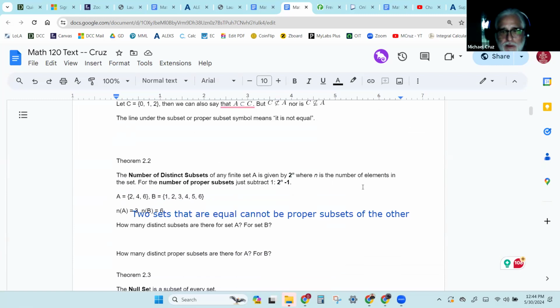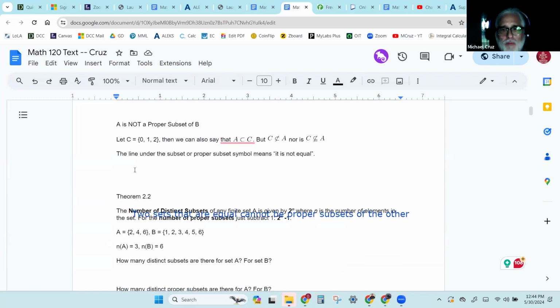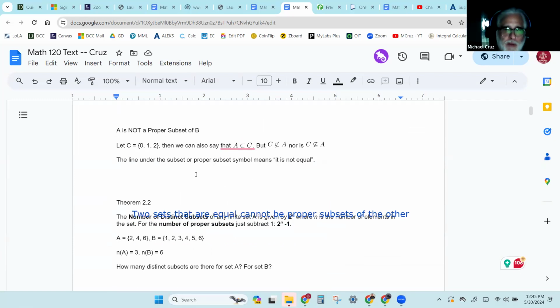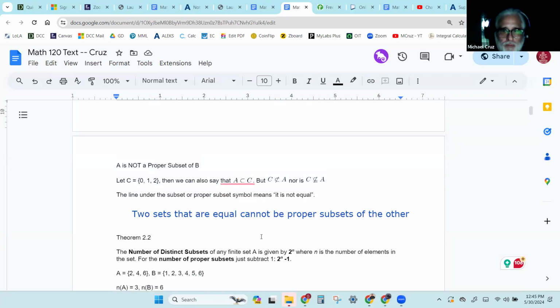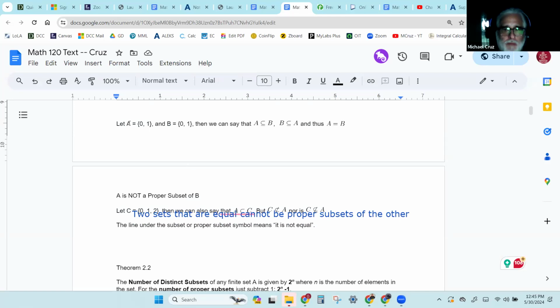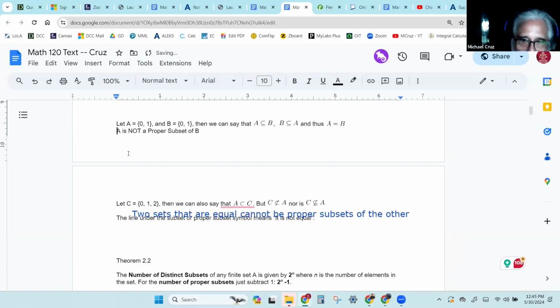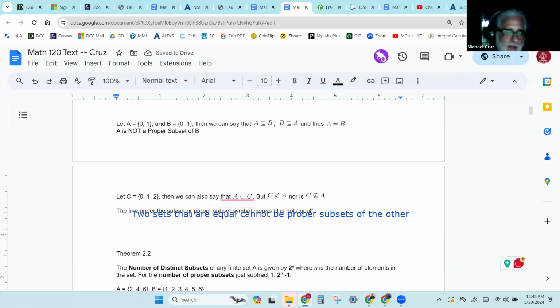All right, let's look at another scenario. So let C be 0, 1, and 2, and we're still using the same A. So A is 0 and 1, B is 0 and 1.